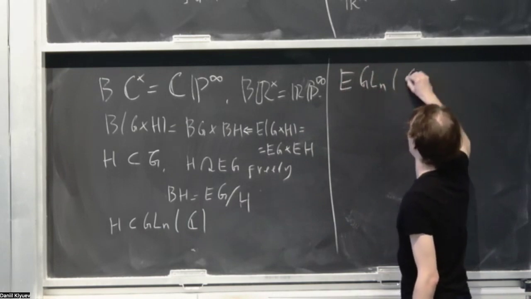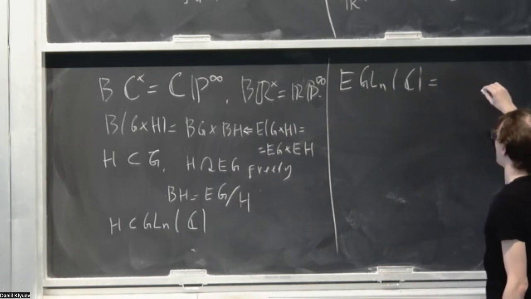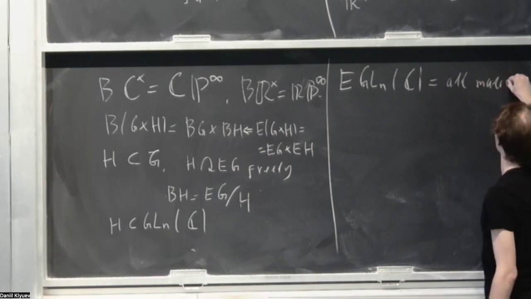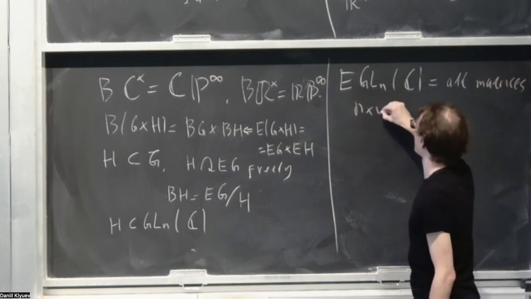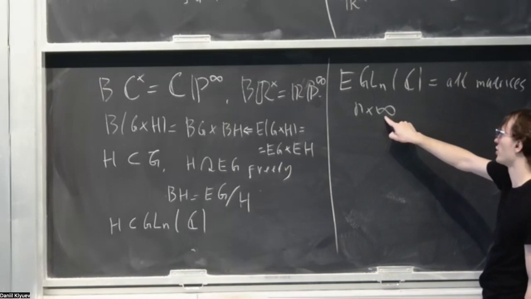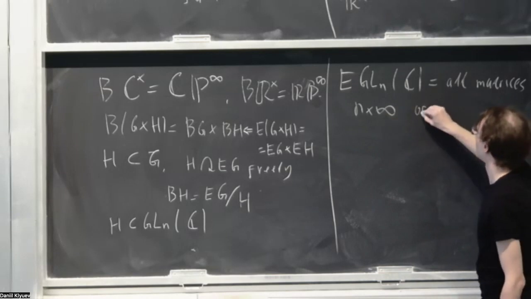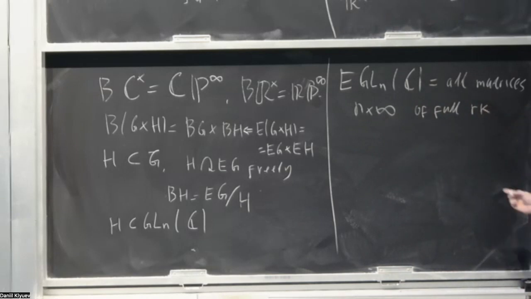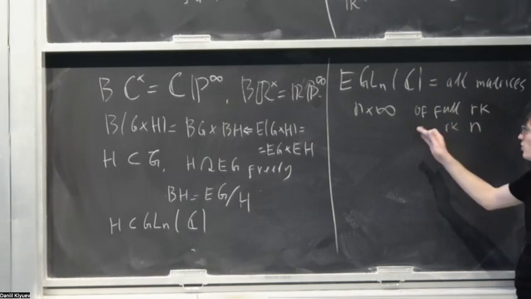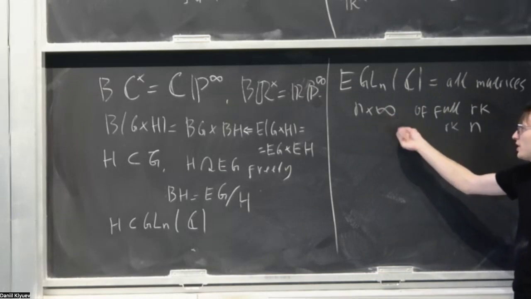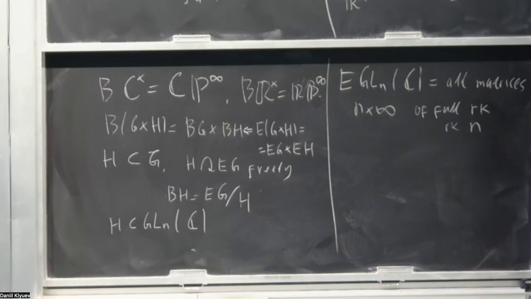EGL_n(C) is all matrices n by infinity, with finitely many non-zero entries, of full rank n, that is, these n lines in C^∞ are linearly independent.